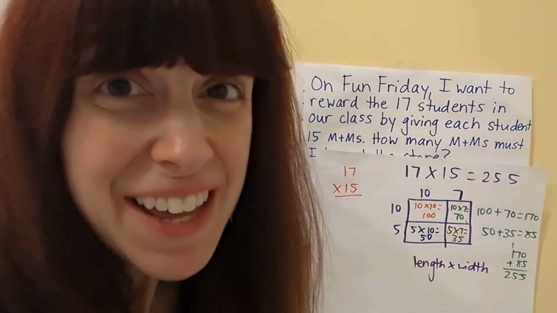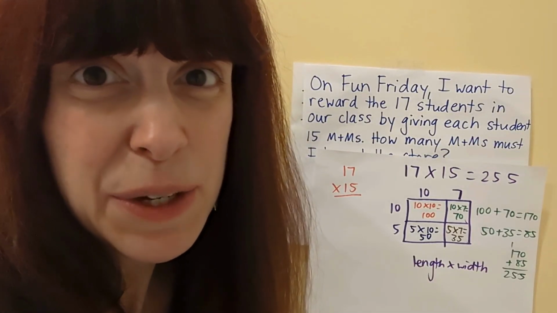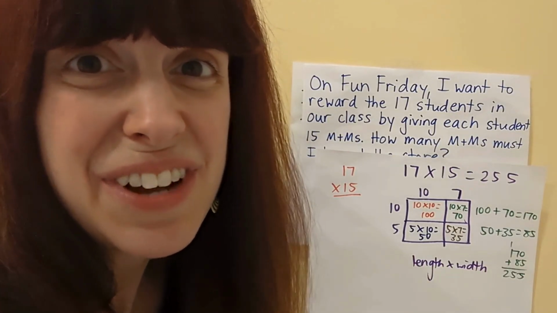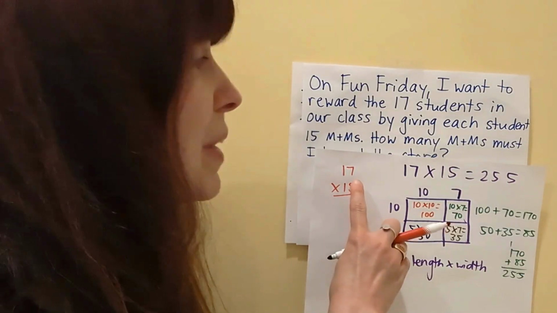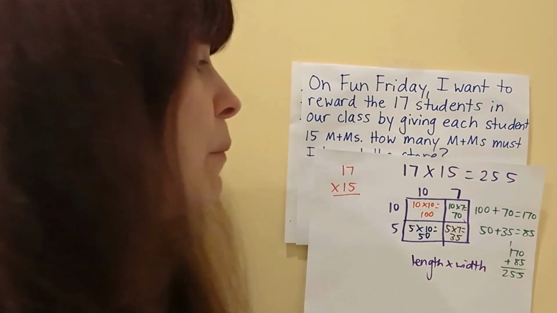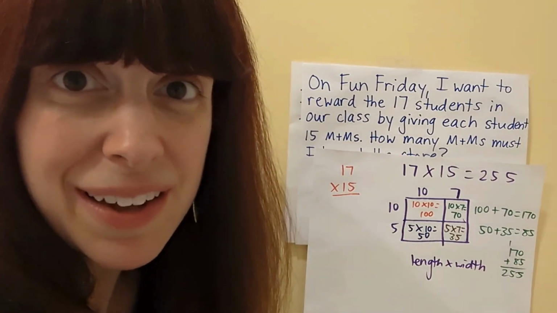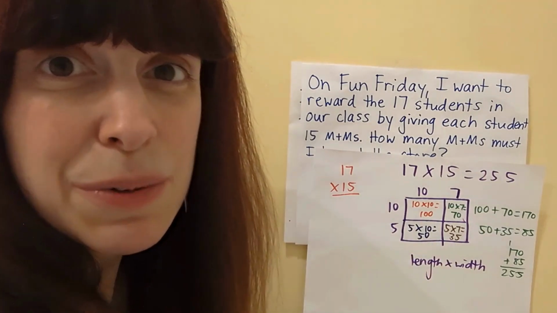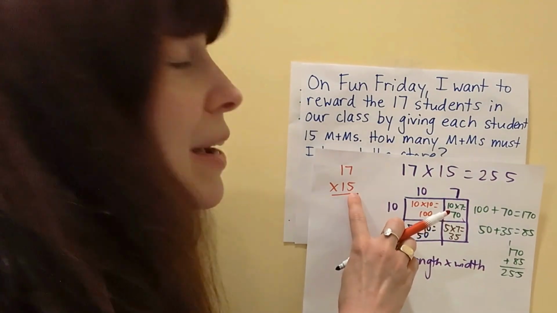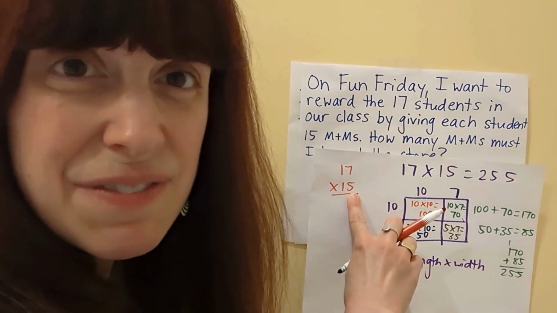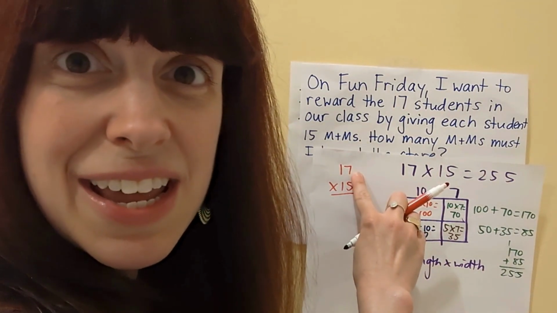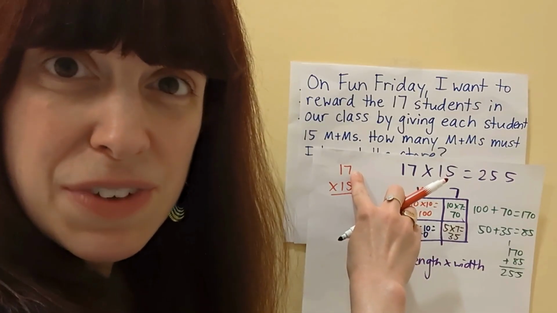There's an even faster way to solve multiplication equations, and that's by using the standard algorithm. Again, we're going to write out 17 times 15, and we're going to multiply while keeping place value in mind. So again, just like with partial products, we're going to multiply the digit in the ones place of the second factor by the digit in the ones place of the first factor.